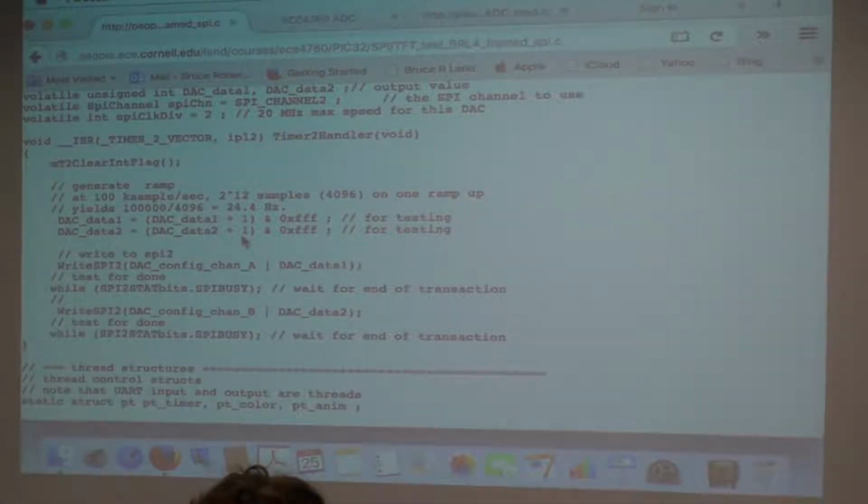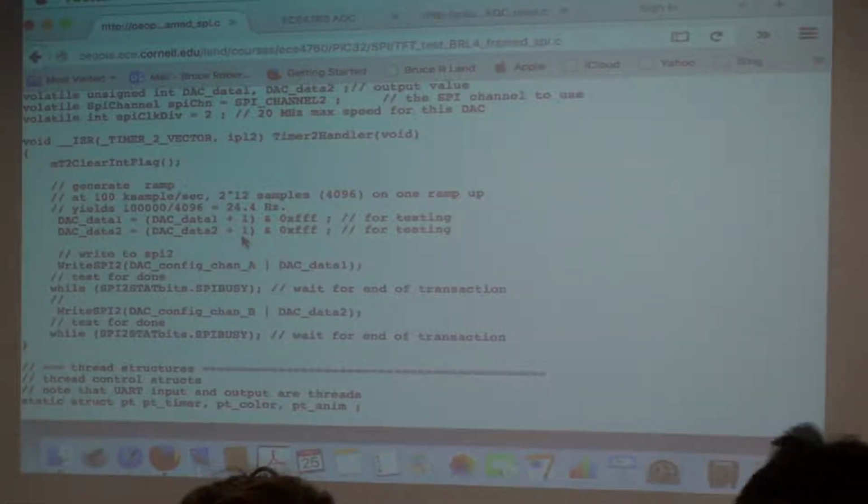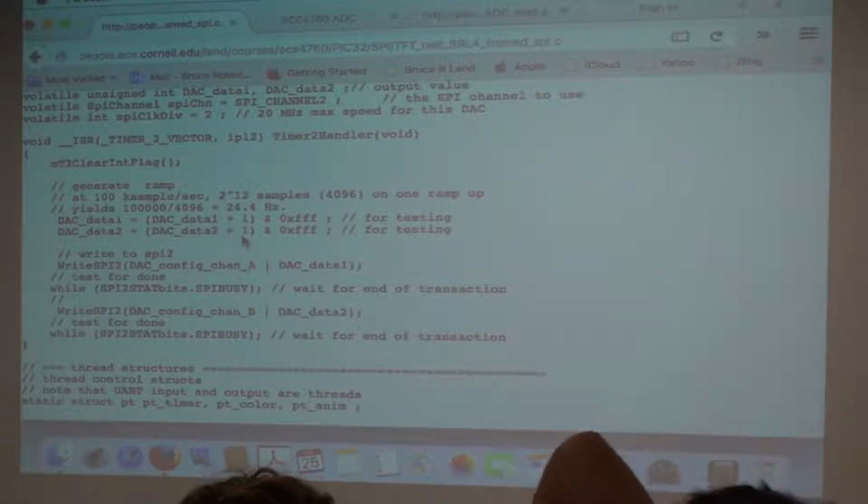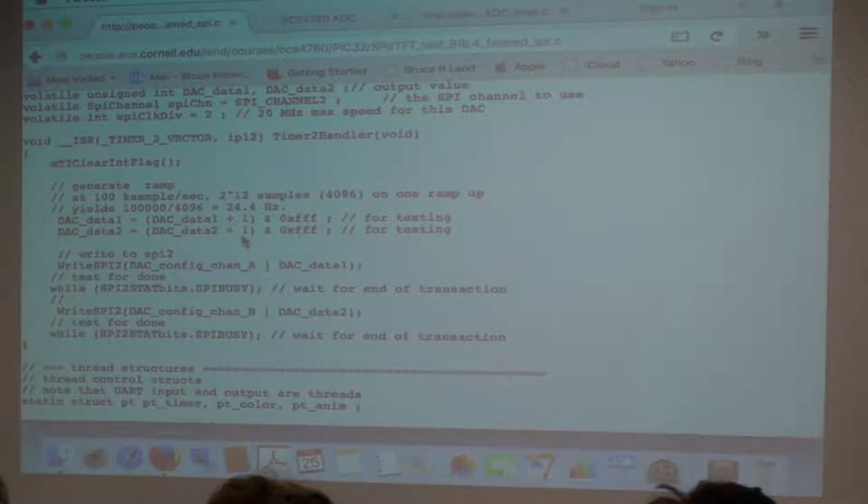There'll be nothing, because when it's all set up, when the SPI is in frame mode and the DMA is sending a table to the SPI, then all of the trigger hardware, all of the trigger logic for the SPI channel is in hardware, not software.